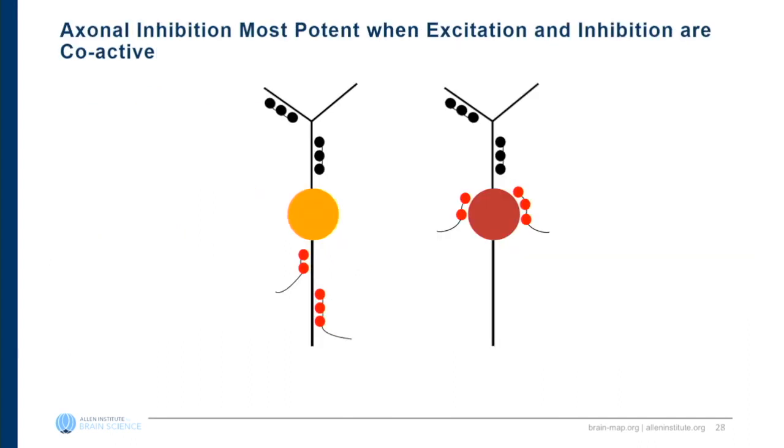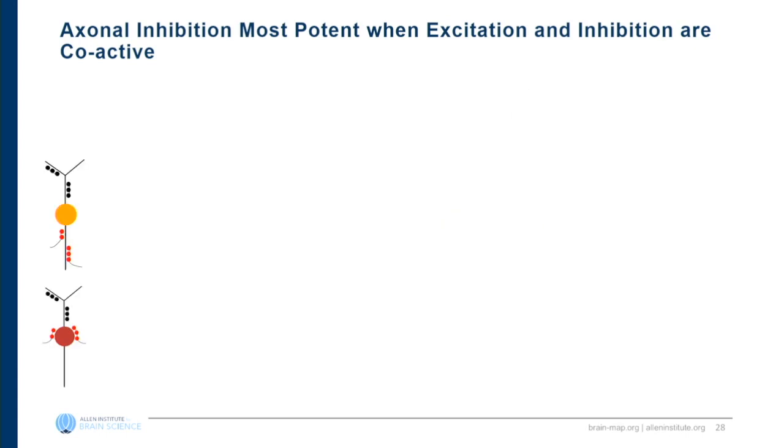So next, we saw in the EM data that these chandelier projections are axo-axonic. So naturally, we wanted to understand whether there is any difference between the axonal projections of the chandeliers and the somatic projections. So what we did was repeat the same simulations, but now, along with the axonal inhibitory projections, we also have somatic inhibitory projections.